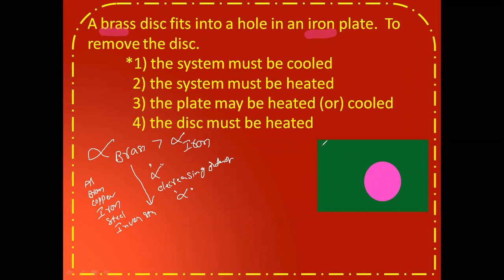So if you heat the whole system, the expansion of the brass is more than that of the iron plate, so that the disc is fixed rigidly to the iron plate, because the expansion of the brass is more than that of the iron.